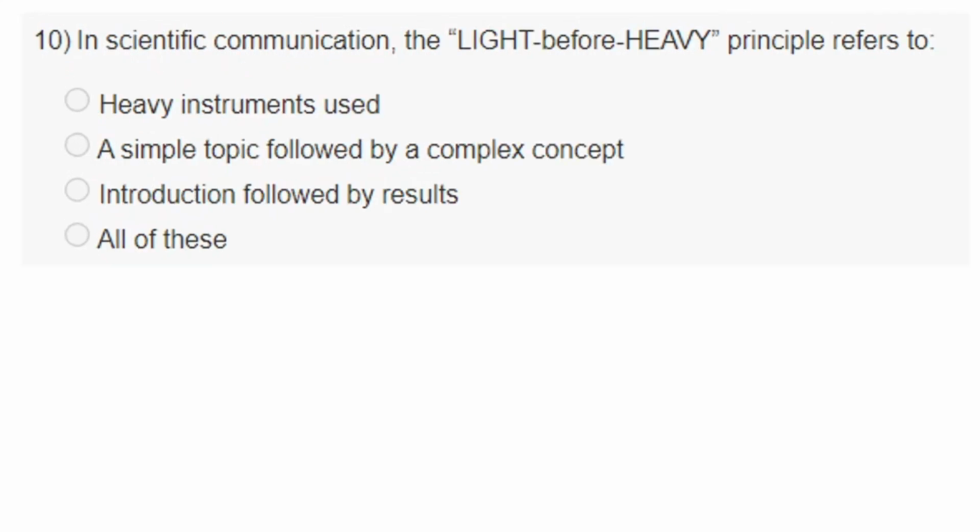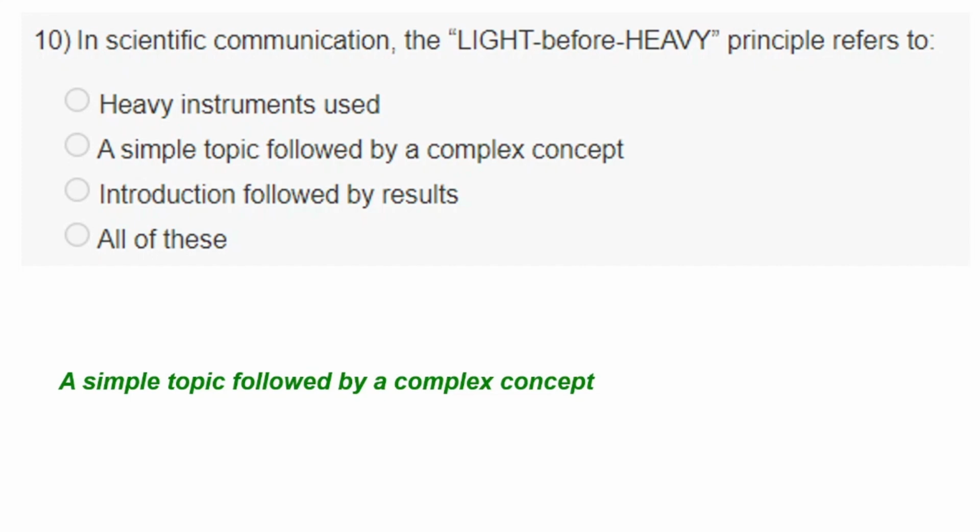Okay, in scientific communication, the light before heavy principle refers to, anybody? Second option. Yeah, correct. So I discussed this last day only. Light before heavy is like, you should not start with a very complex topic at the beginning.